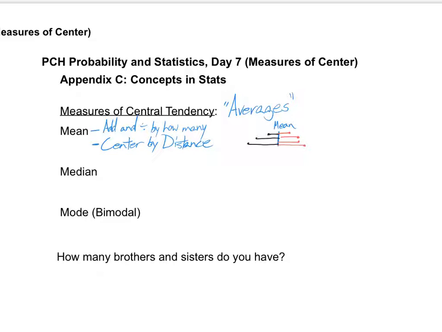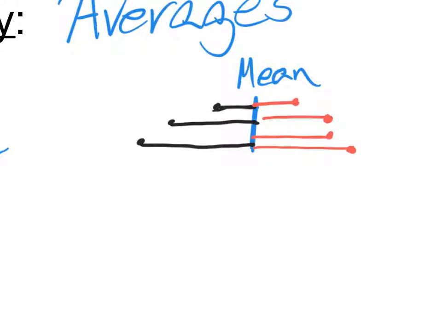So let's blow this up so we can see better. Let's say this one is 2 units above the mean, and this one is 3, and this one is 3, and this one is 4. This one might have been 2 units below the mean, this one might have been 4, but this one might have been 6, below the mean.